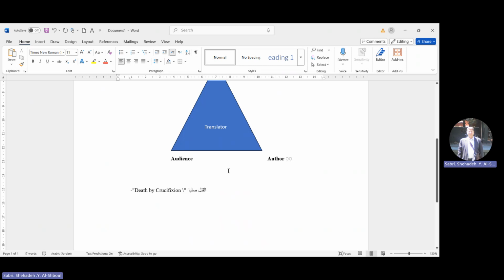Similarly, in an Islamic setting, in the Islamic court, we say, for example, وثيقة طلاق بائن بينونة، بائن قبل الدخول, right?